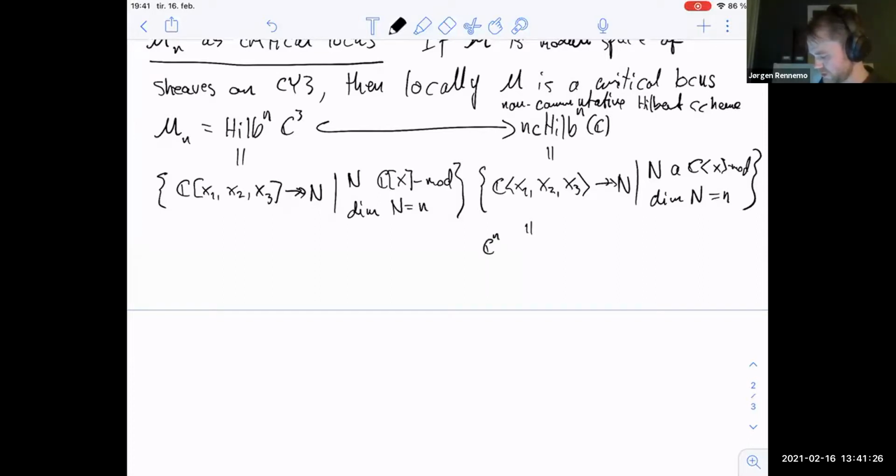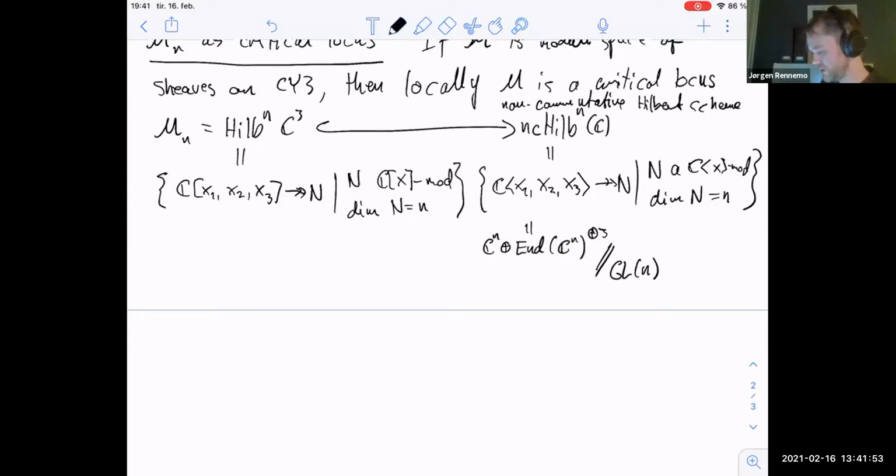And the way you see it's nice is you can describe it as a GIT quotient. So you take a linear space where the first factor is telling you where you send the unit inside n. The last 3 factors are telling you how x1, x2, and x3 act.